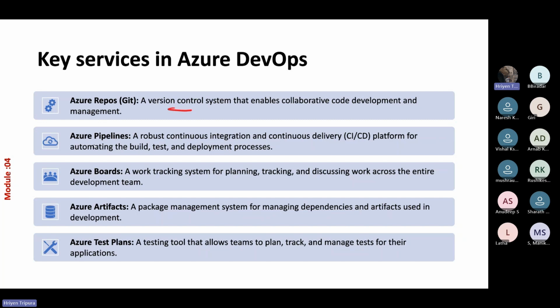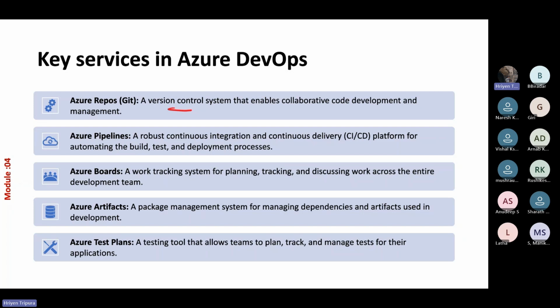Then we have a pipeline, Azure Pipelines. What is Azure Pipelines used for as a service here? It's a robust continuous integration and continuous delivery platform for automating the build, test, and deployment process. That means as a DevOps engineer, what is our major role? You need to automate things and build, test, and deploy, right?